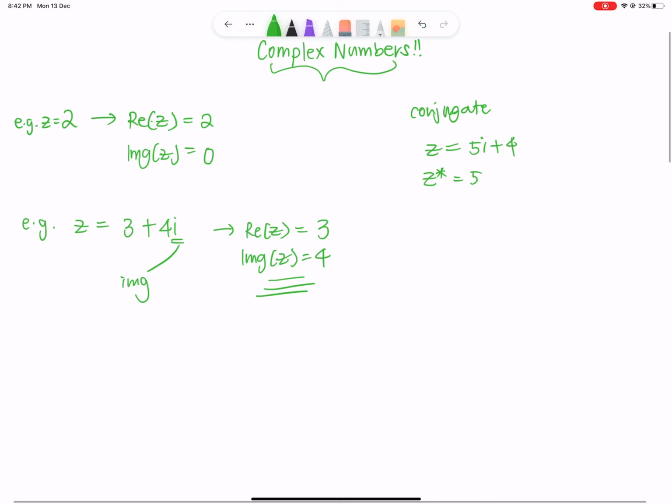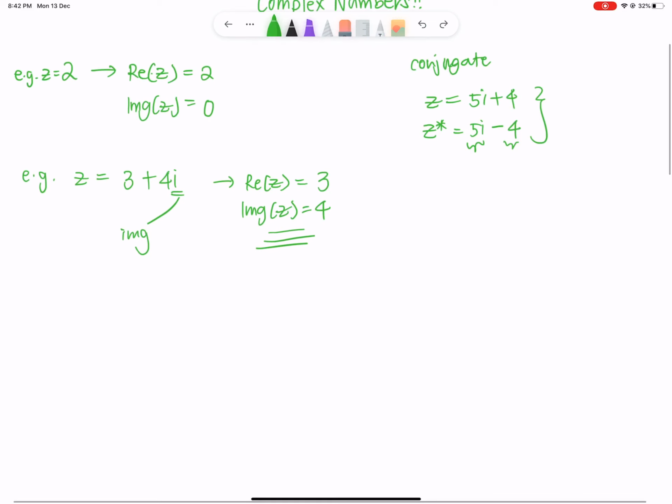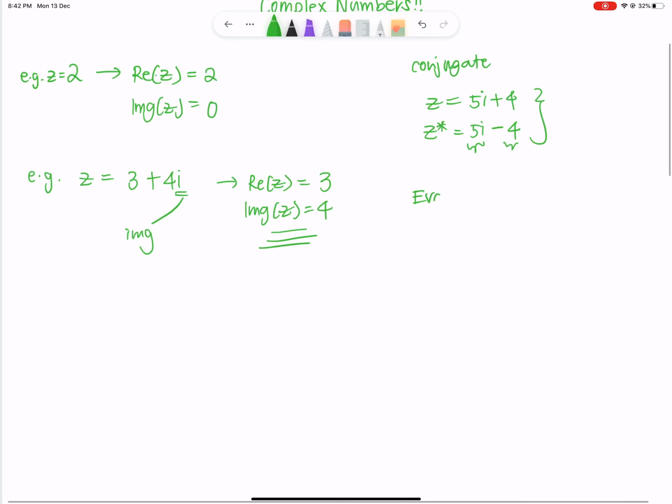So it'd be 5i minus 4. Take note here, if you have multiple terms, maybe 2 imaginary terms and 4 real terms, you may want to group them together, remove the i or factorize out the i in order to distinguish where the conjugate sign must be placed.